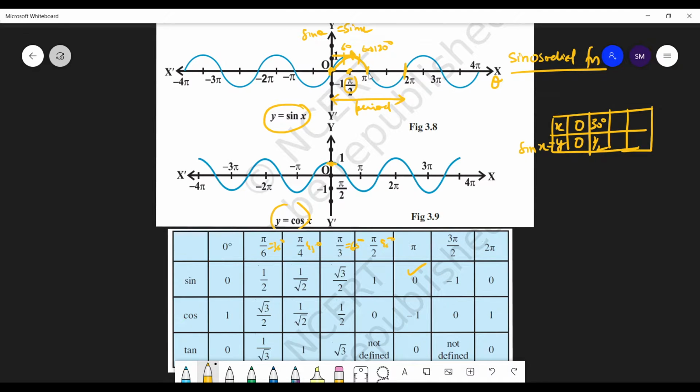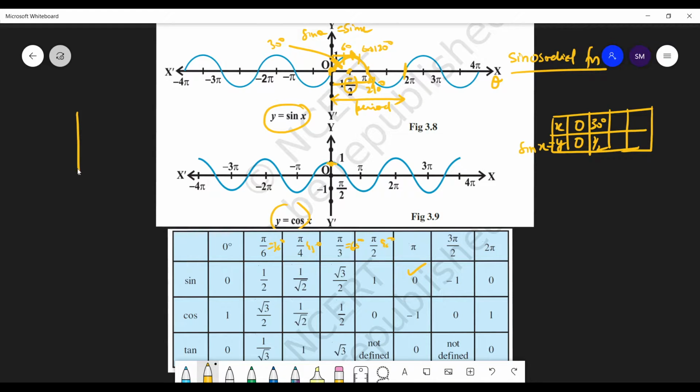Now from 180, it will decrease, becoming negative in the same way as it was increasing. So from here again we start taking the values. If you take 210 degrees, the absolute value is the same as 30 degrees. But in this quadrant the value is negative, while here it was positive.